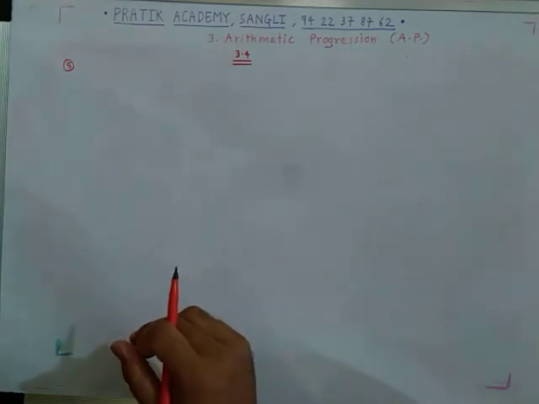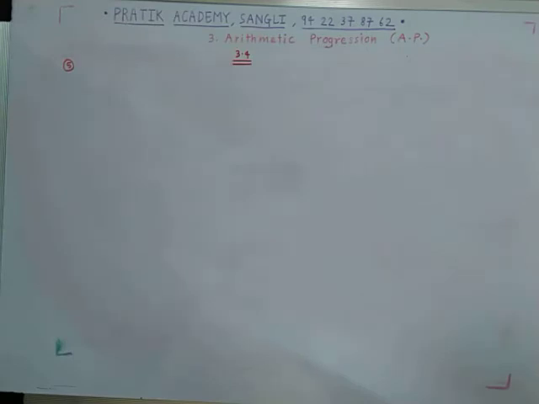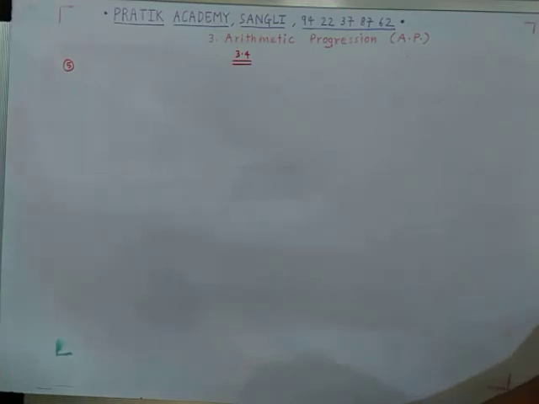The sum of temperatures of Monday and Saturday was 5 degrees Celsius more than the sum of temperatures of Tuesday and Saturday. If the temperature on Wednesday was minus 30 degrees Celsius, find the temperature on the other 5 days. So this is the description given here.